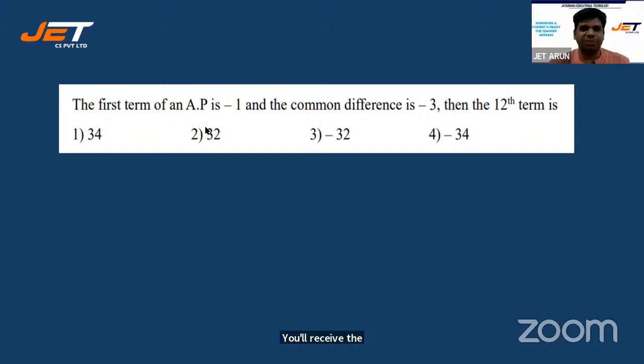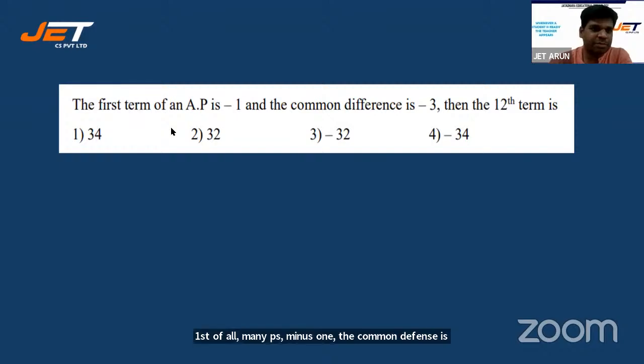The first term of an AP is -1 and the common difference is -3. Then the 12th term is... All right.